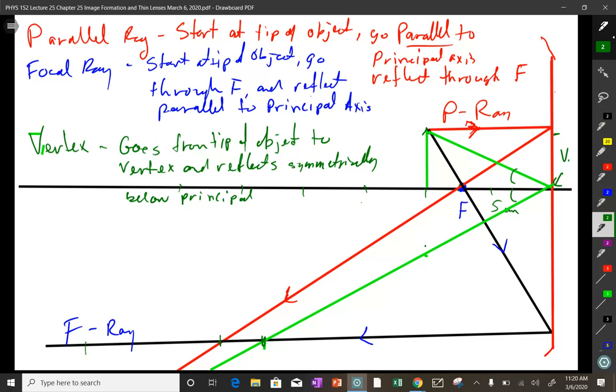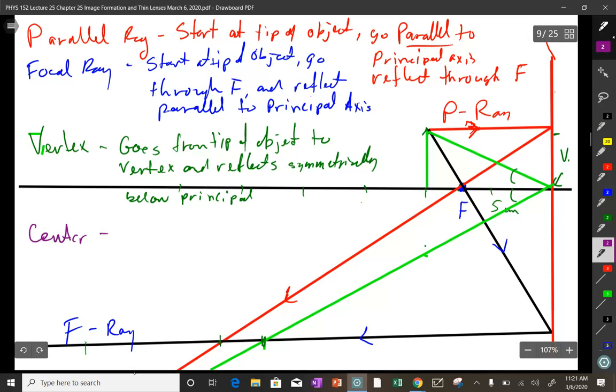So you're going to have to practice some of these. Make sure that you can construct them. So all the lines that you drew, you have to be able to draw. And there's one more you could choose from, but only in the case of a mirror. For a mirror, you also have the center ray.